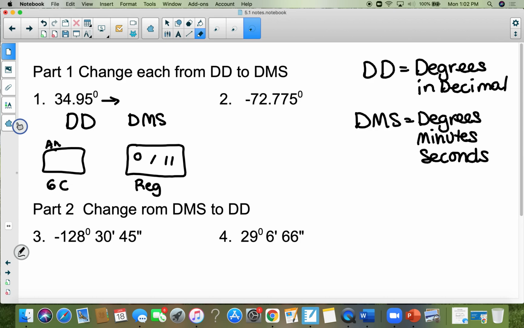There's a little angle button that you have to hit, which is right here. But most of you, all you do is hit this, and the degrees, minutes, and seconds will show up. Then you have to arrow over until you find the DMS, and then just hit the DMS, and it'll put it in degrees, minutes, and seconds. So 34.95 degrees is the same thing as 34 degrees and 57 minutes.